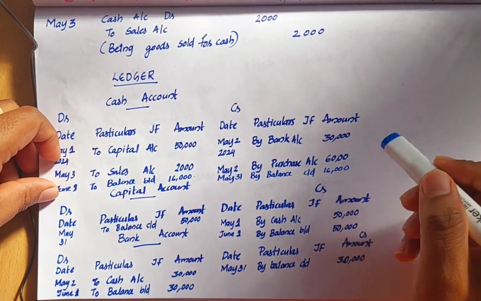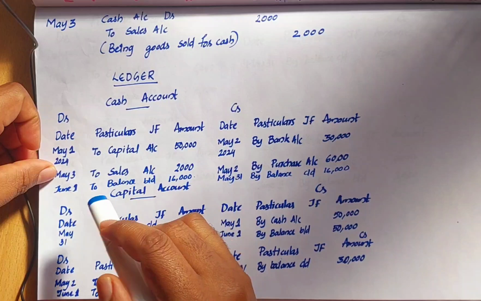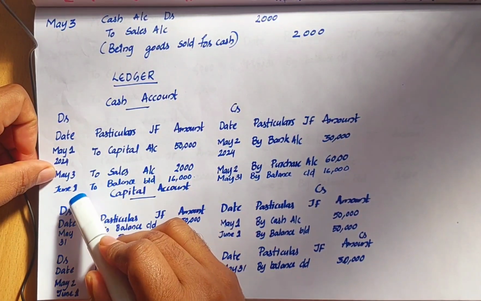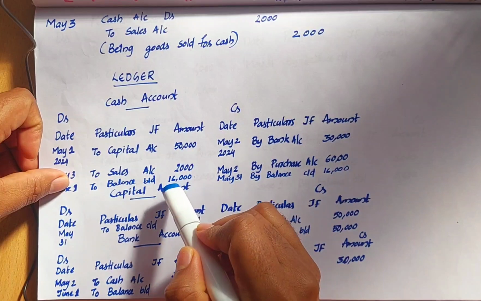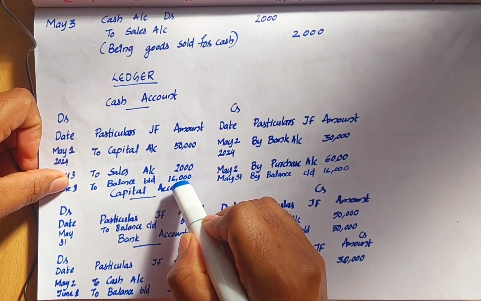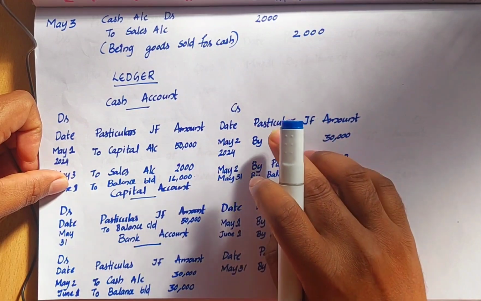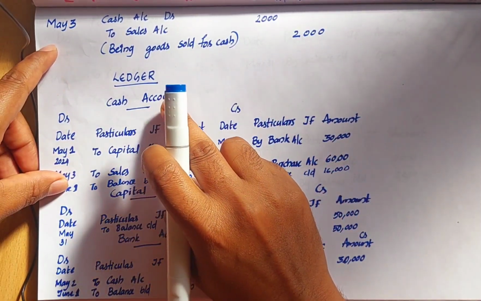And in the next month we will pass an entry on the debit side on June 1st, to balance brought down 16,000. So this is how we are preparing the ledger for a cash account.